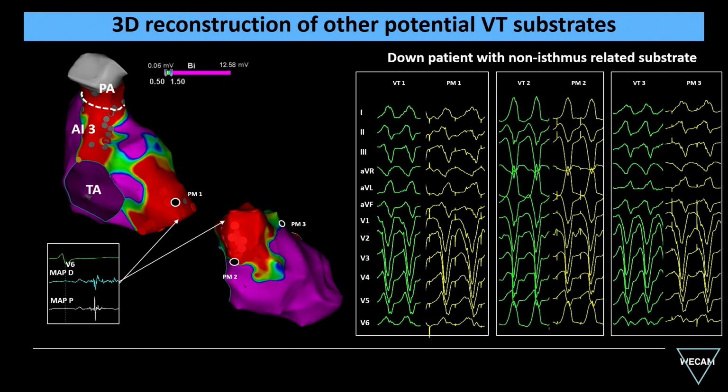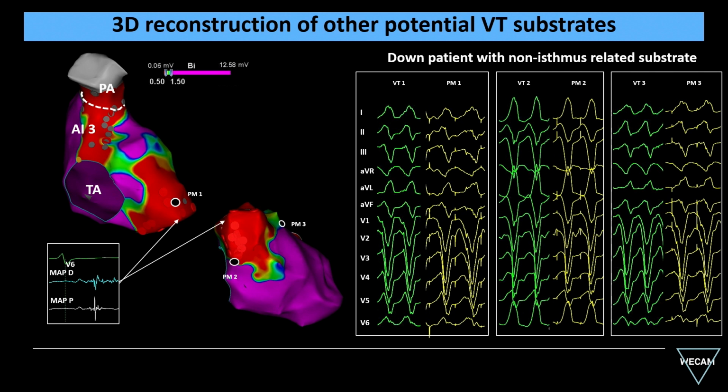If you have such a patient, I would like to emphasize this: even if you know that the substrate is very often located in the RVOT, map the entire right ventricle, because in Fallot patients you can have surprises, generally in all congenital heart disease patients, because sometimes they have scar in unexpected areas.